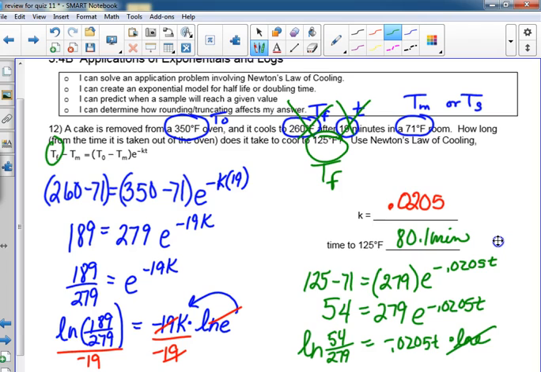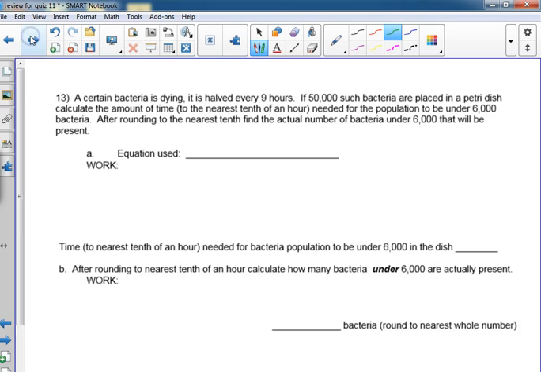Yes, it's a very slow cooling cake. Still not getting it? Did anybody have trouble? Because you didn't use the same K, maybe. Did you get 82 minutes then? Okay. I can deal with that.